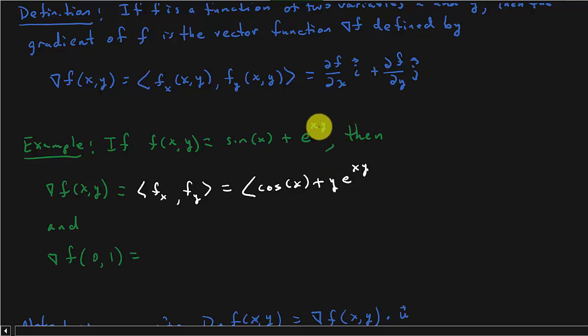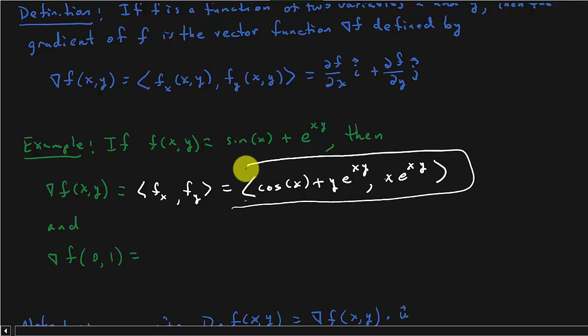Remember, when you're taking the partial of f with respect to x, you're treating y like a constant. So the derivative of xy would be y. You should know how to do these partial derivatives. And then the partial of f with respect to y: the derivative of sine x is like a constant, that would be 0, and then this would be x e to the xy. All right, so that's that.